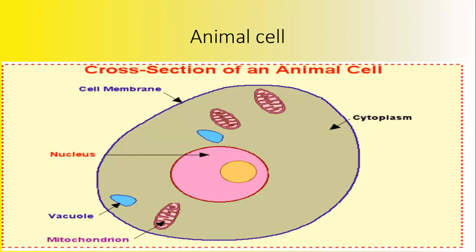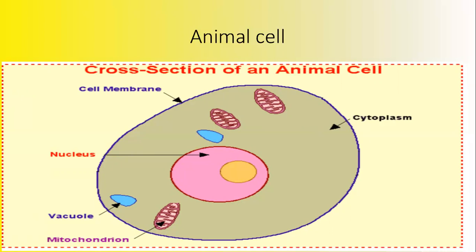The next one is cytoplasm. It is a jelly-like substance that fills the cell and is enclosed by the cell membrane.